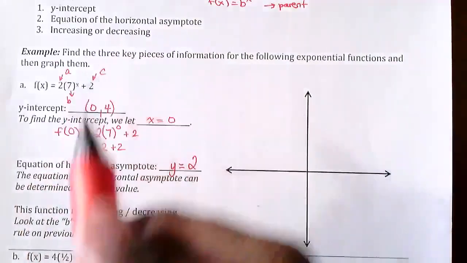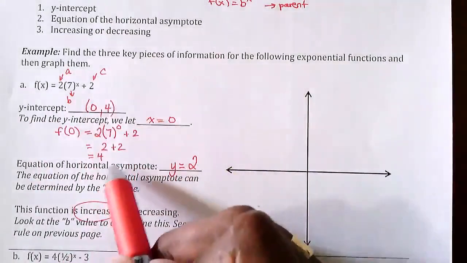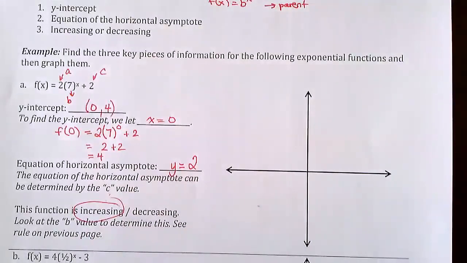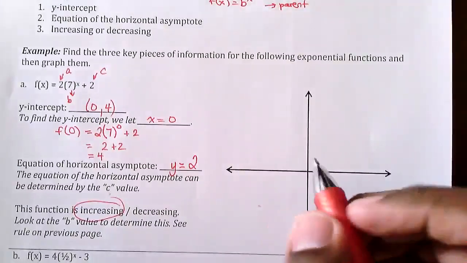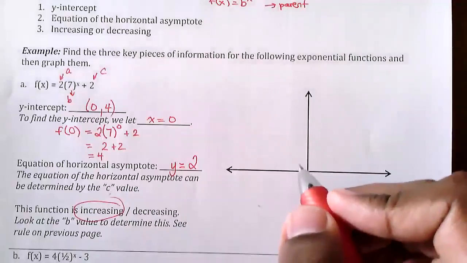Here, 7 is a whole number, so we know that our function will be increasing. These are the only 3 things you need to make a good estimate for this graph: the y-intercept, the horizontal asymptote, as well as if it's increasing or decreasing. You can put numbers here to help you, but you don't necessarily need to. We want to make estimates here.